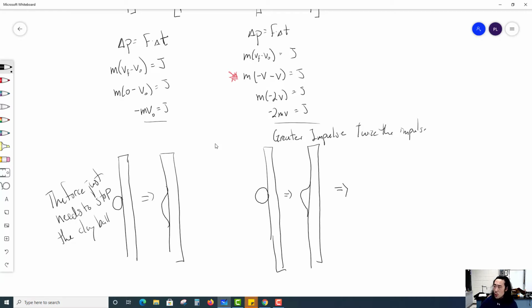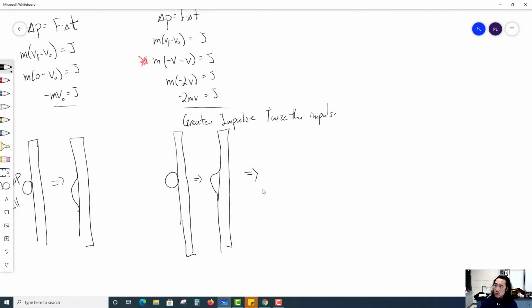If you want to look up slow-mo videos, golf balls deform like this, baseballs deform like this, tennis balls definitely deform like this. It deforms, velocity here is 0, but it also has to push it backwards.